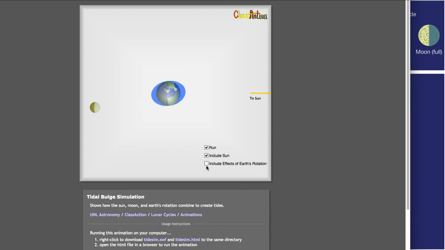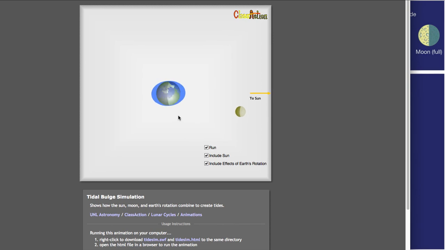Well, it's actually leading the moon just by a little bit. So if I include that effect of Earth's rotation, the high tide is just a little bit in front. And that's because the moon is pulling the water out that way, but then the Earth is dragging it with it as it rotates around. Okay, and so this is essentially what's happening with the tides on the Earth.